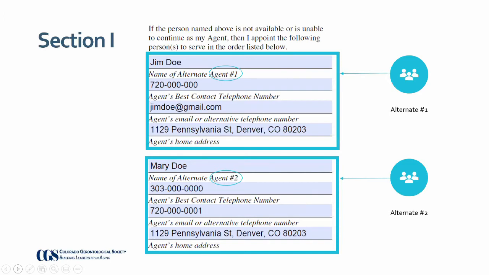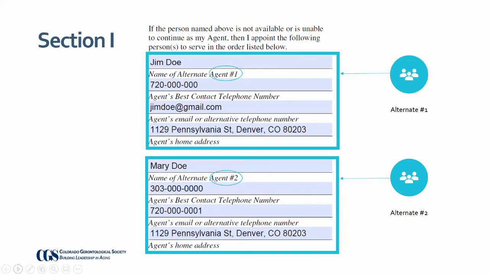When you're talking to your agents, that is part of the conversation that you should have. Because if John Doe is not available to speak for Jane Doe, then in this scenario the next runner up would be Jim Doe. And only if Jim Doe is not able to speak for Jane, then Mary comes into play. And that's how we're assigning the different responsibilities.